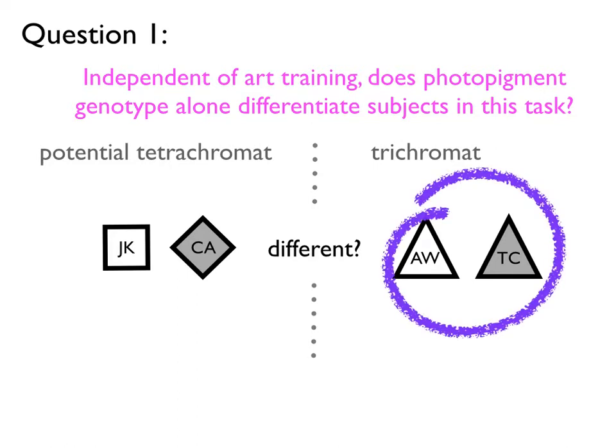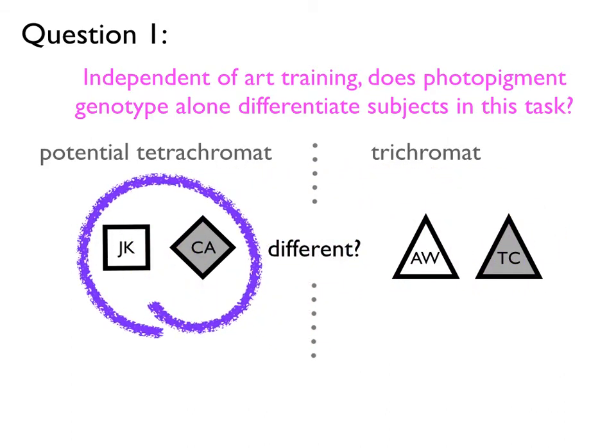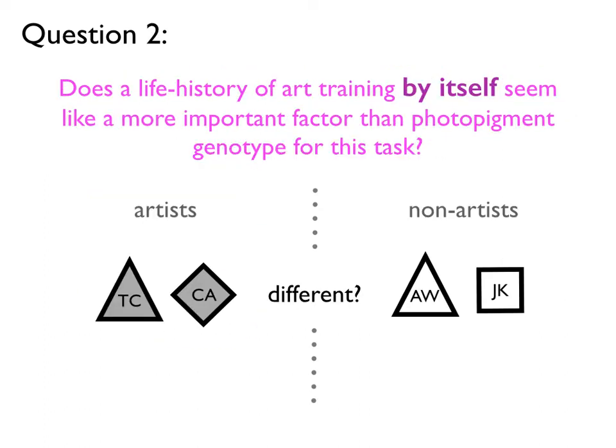So for example, this group of subjects may be more similar than this group here. And if this was the case, they would be differentiated by their genotype alone. The second question we can ask is, does a life history of art training by itself seem to be more important than photopigment genotype for the task that we're looking at?